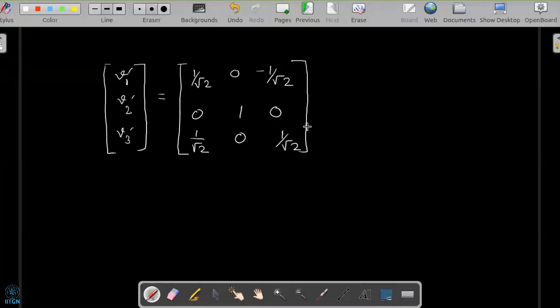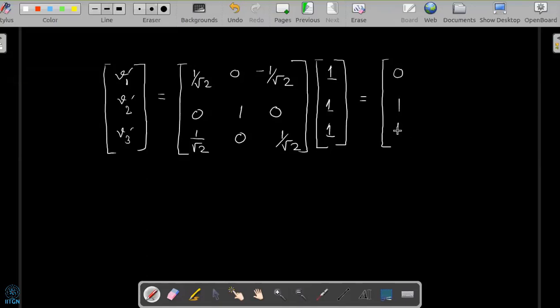And here we have v1, v2, v3, that is 1, 1, and 1. And eventually you will get the result as 0, 1, and root 2. So you can check that.